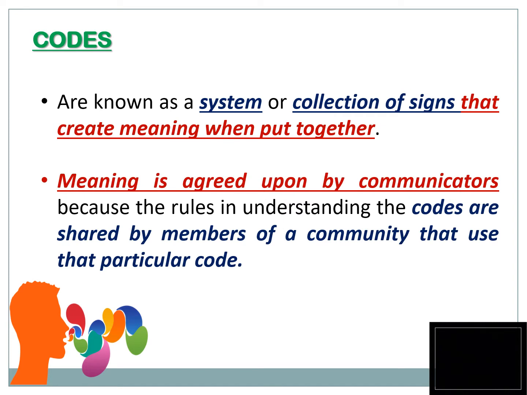Next, meaning is agreed upon by communicators because the rules in understanding the codes are shared by members of a community that use that particular code. So there are some places wherein they are using such codes, di ba, para magkaintindihan sila. Example na lang natin is kung familiar kayo sa Boy Scouts or Girl Scouts, di ba?